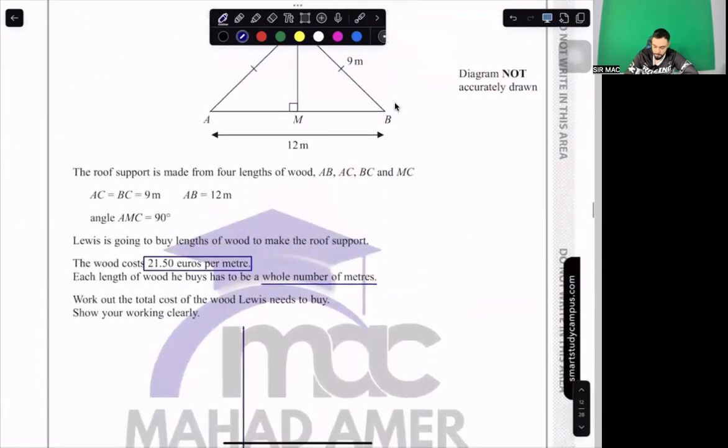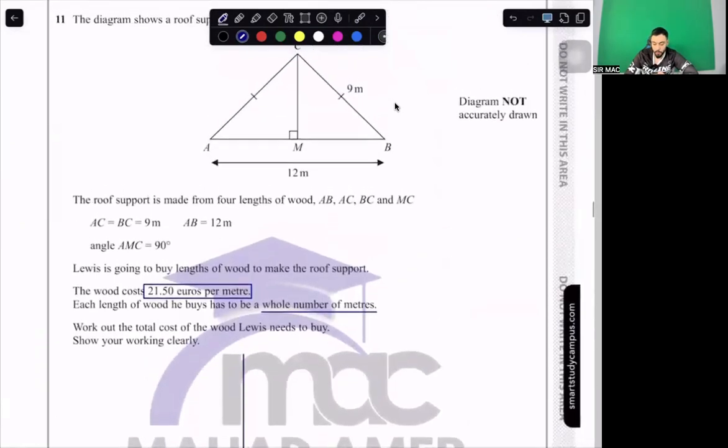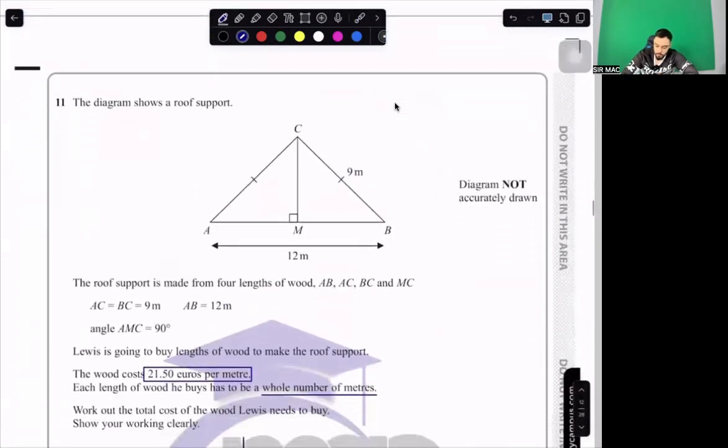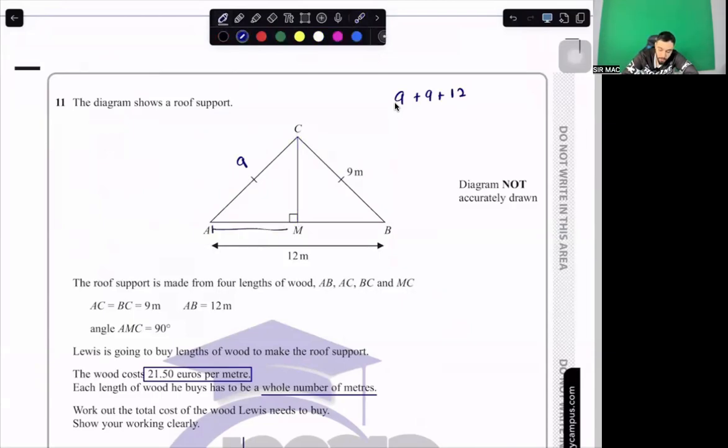So first of all, let's find out how many meters of wood is required. There's 9, and there's 12. So that's 9 plus 9 plus 12. This one's remaining. For MC, since it's 90 degrees, this AM would be half of 12.